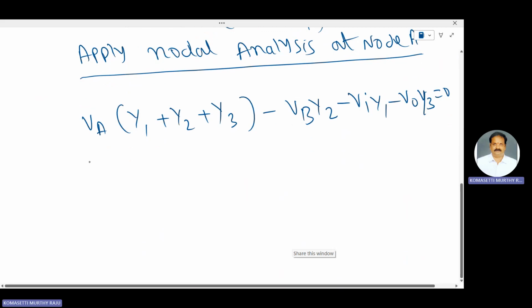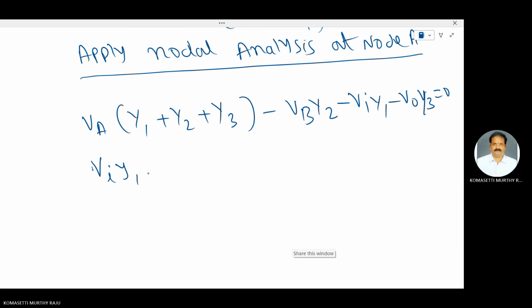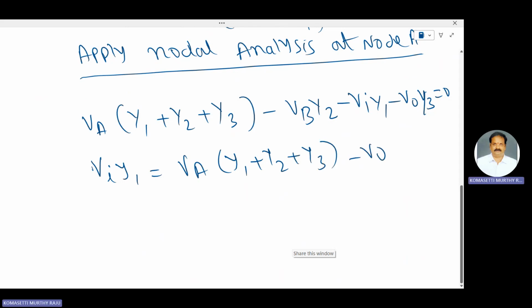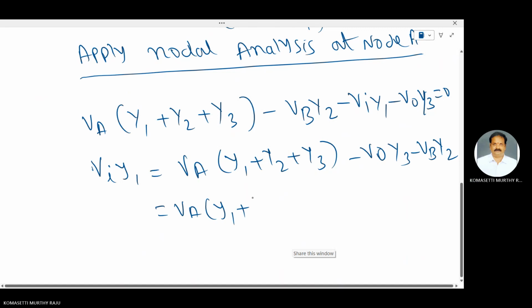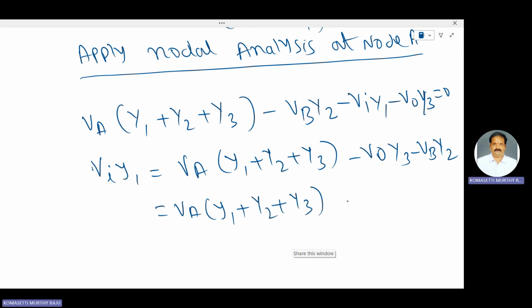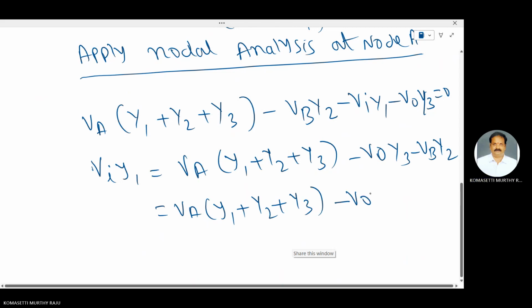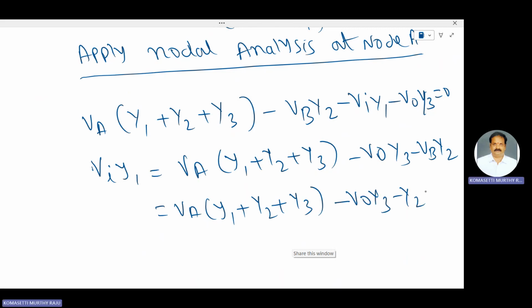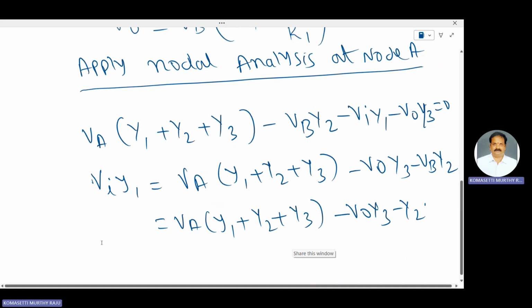From this expression, Vi Y1 is equal to VA into (Y1 plus Y2 plus Y3) minus V0 Y3 minus VB Y2.